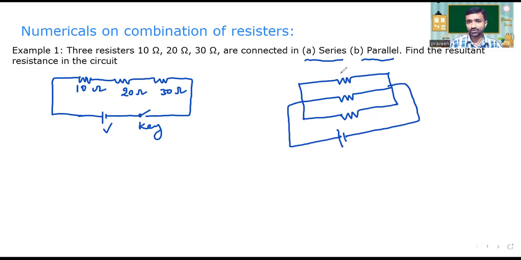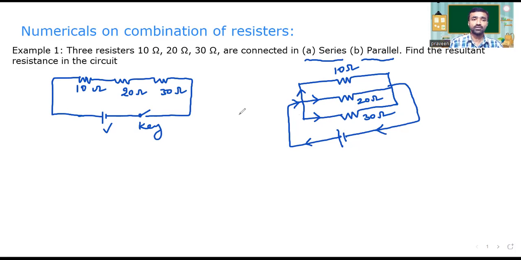So this is the circuit diagram for the resistors connected in series combination and in parallel combination. The first one is series combination, the next one is parallel combination. We know the current flows from the positive terminal to the negative terminal. Here the current passes through these three branches.